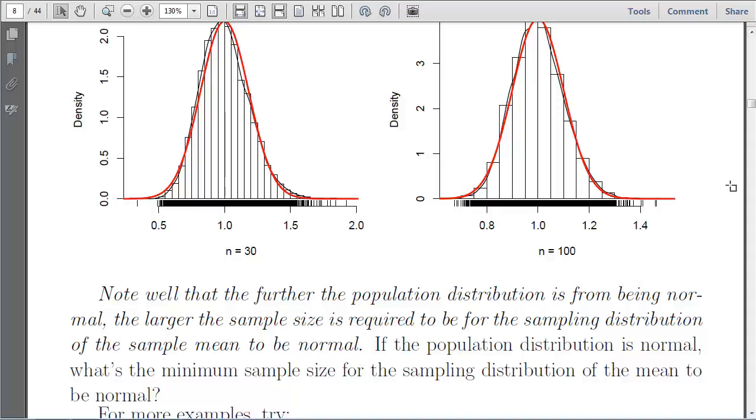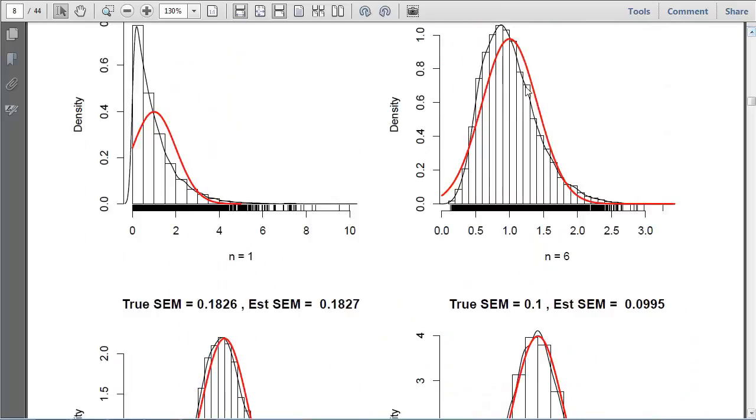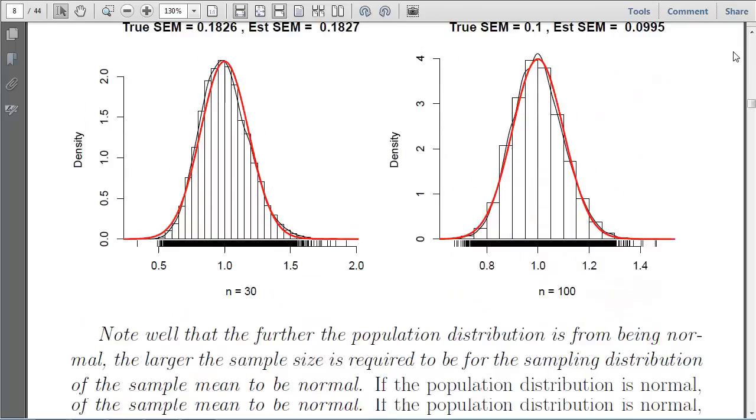Whereas if the normal distribution does not appear to be met, for example, in this case up here with n equals 6 for the exponential distribution, this looks bad. And so I'm not going to trust a result from a t-test here. Instead, I would go to chapter 6 and look at a non-parametric strategy. A non-parametric strategy would not make a normality assumption.